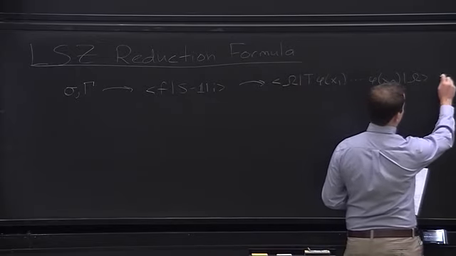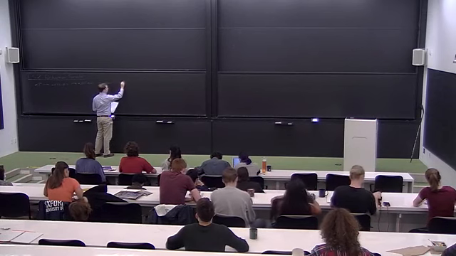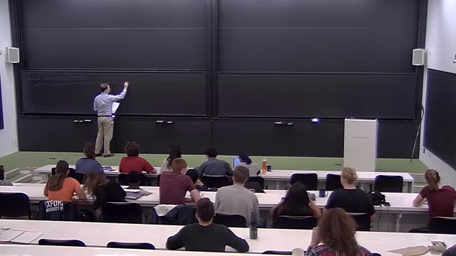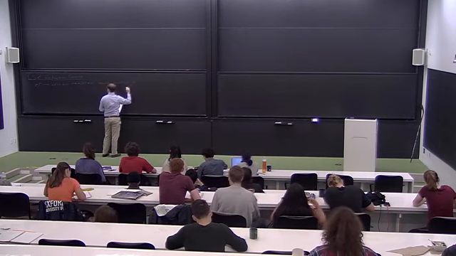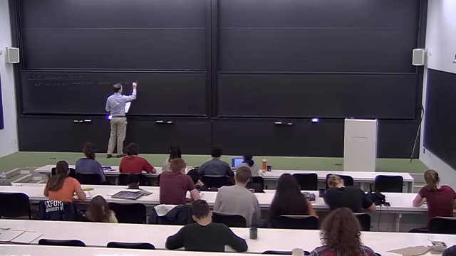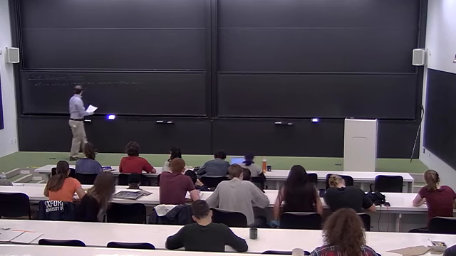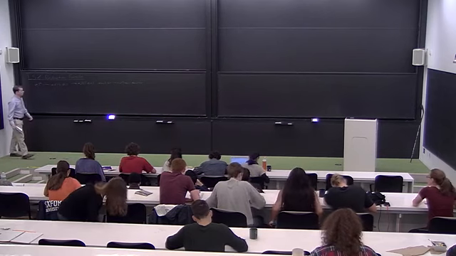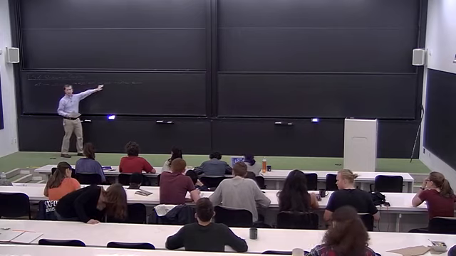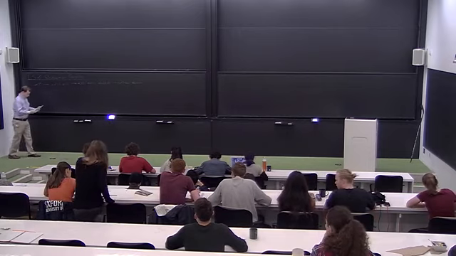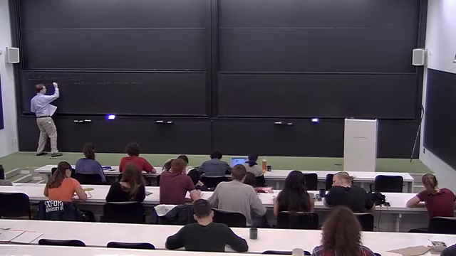Tomorrow, we'll relate these to time-ordered expectation values in a free theory, and actually be able to, from start to finish, compute a scattering amplitude. So this step was yesterday, this step will be today, this step is tomorrow.